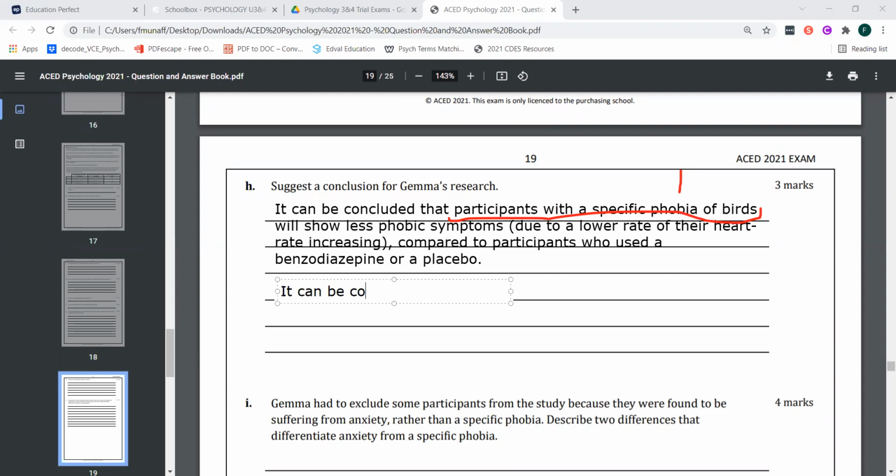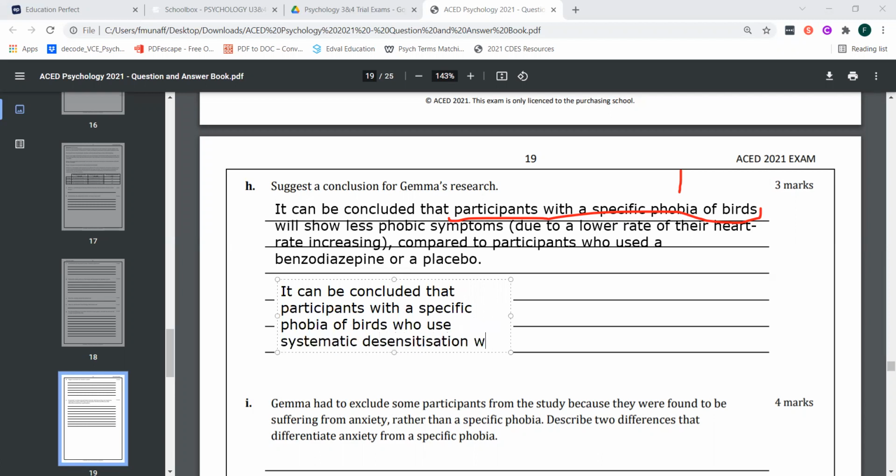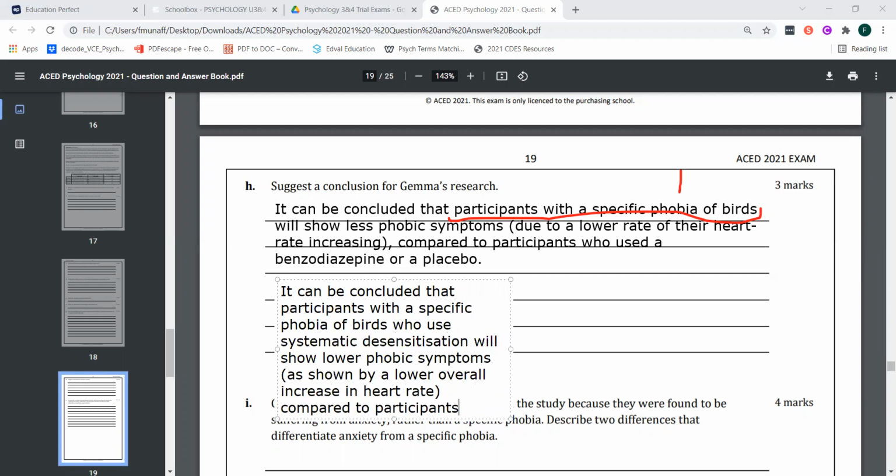Okay, it can be concluded that participants with a specific phobia of birds who use systematic desensitization will show lower or less phobic symptoms compared to benzodiazepine and placebo.